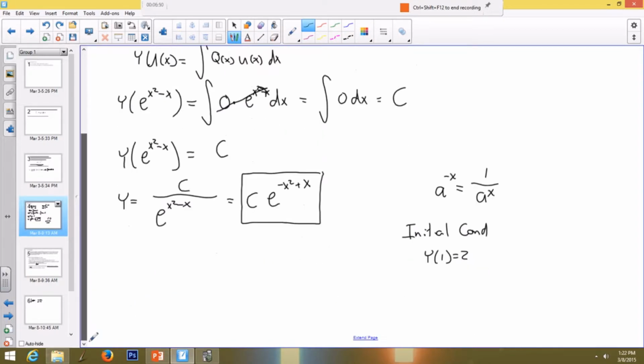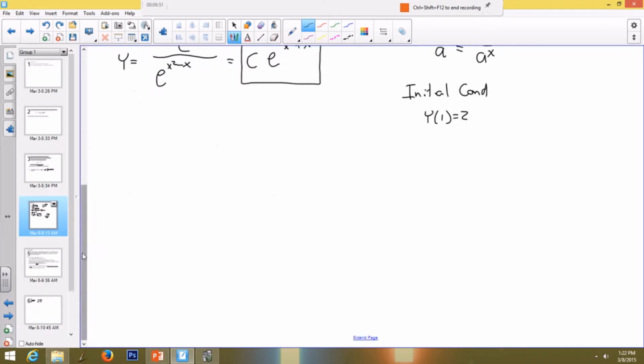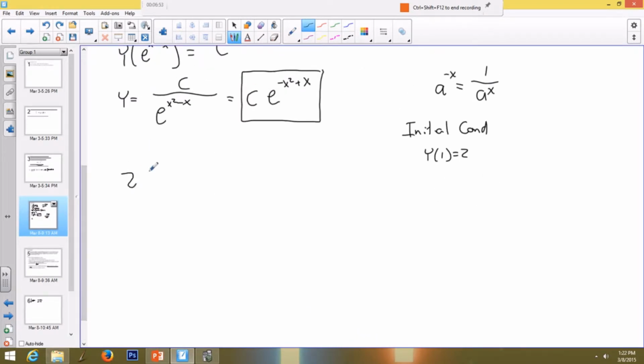So 2 is equal to c e to the negative 1 squared plus 1, and those will cancel. Again, it's not negative 1 squared, it's 1 squared and make it negative.